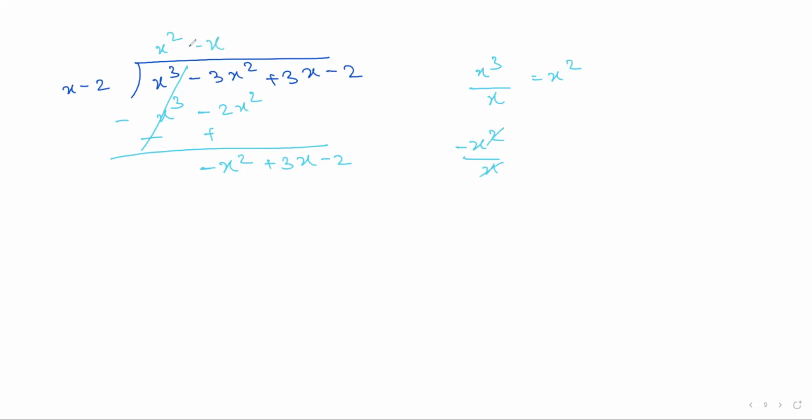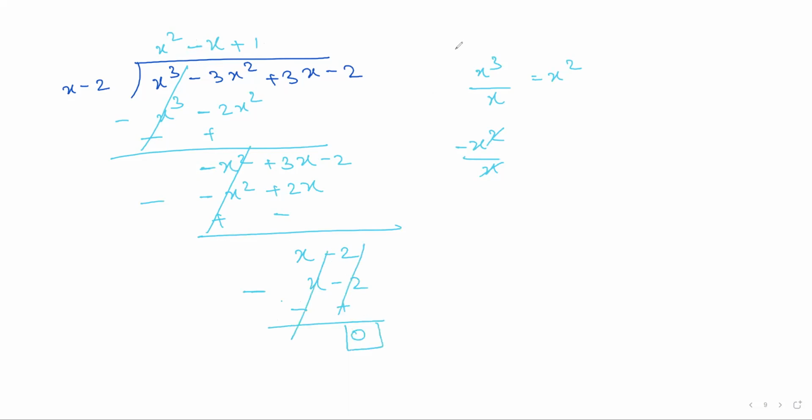Minus x multiplied by this, minus x square plus 2x. Subtracting again, signs change. You have 3x minus 2x, which is x, minus 2, plus 1 and x minus 2, minus. Change of signs, cancellation of terms, remainder is 0.